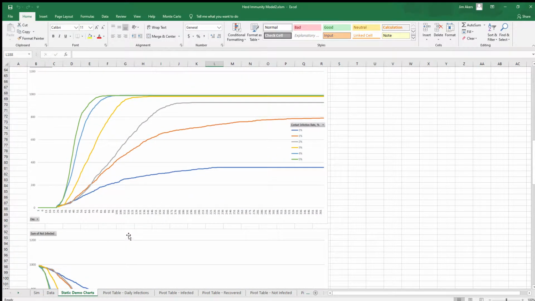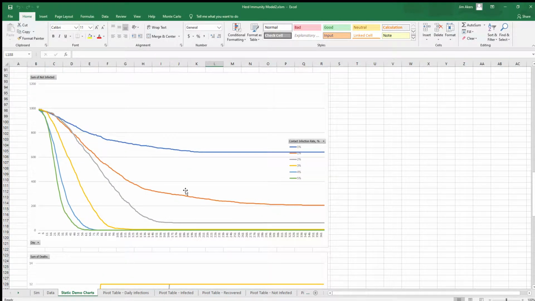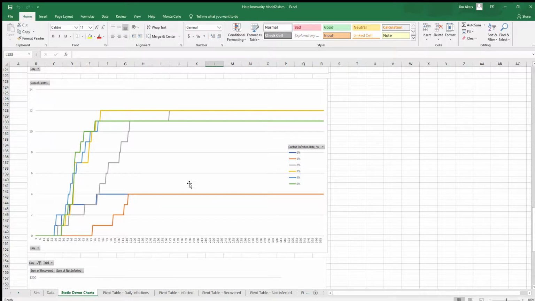Okay, this is the recovered, which is kind of a similar situation. The not infected. Here was the table of the deaths. This is just the straight up deaths. The 5, 4, and 3% and 2% were all up in here. The 1 and 1.5 were down here.